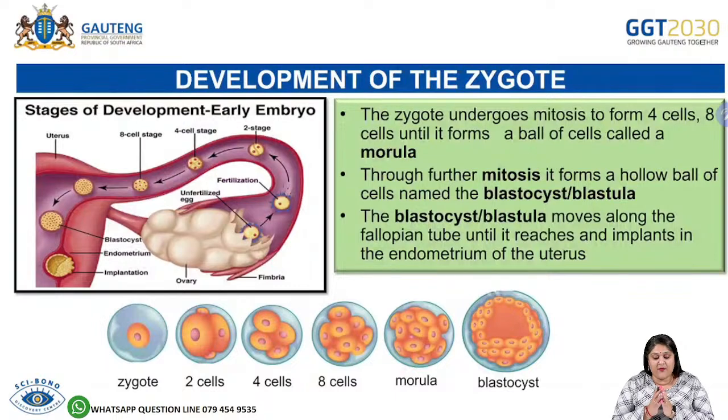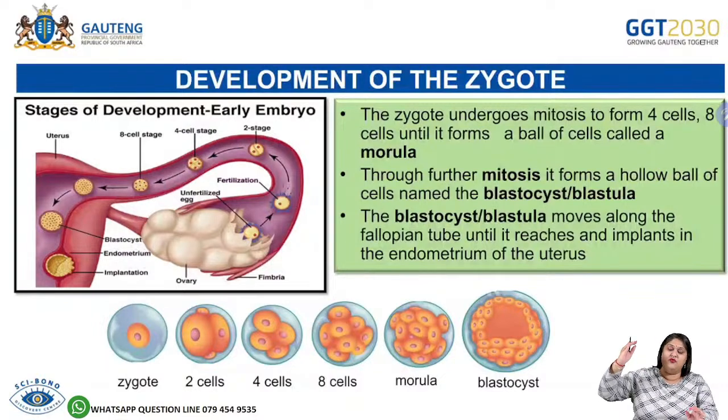From the zygote stage to the 2-cell stage, the 4-cell stage and 8-cell stage, all of those stages, these structures are going to move along the fallopian tube due to the cilia, and then it's going to move into the uterus. And when it's at the blastocyst stage, this is when it reaches the uterus near the endometrium, where we're going to have another process occurring.